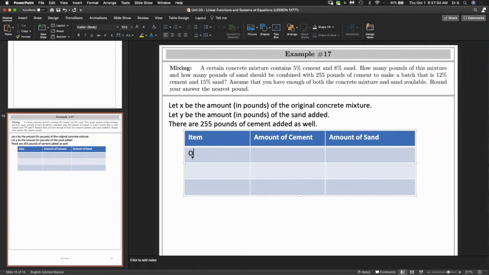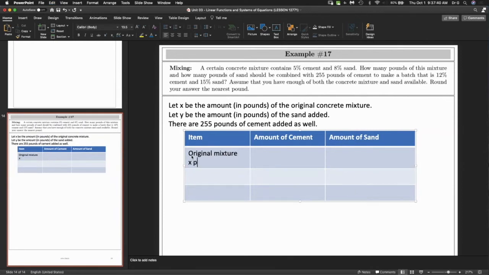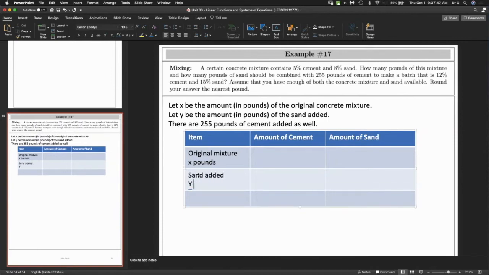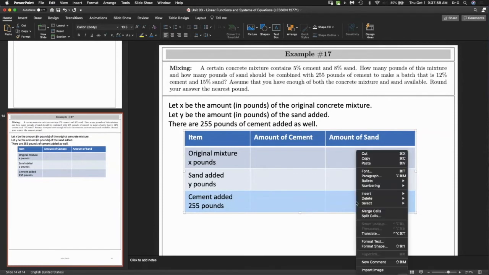So we have the original mixture. Some of these numbers are ridiculous, but it's hilarious that we're doing it.